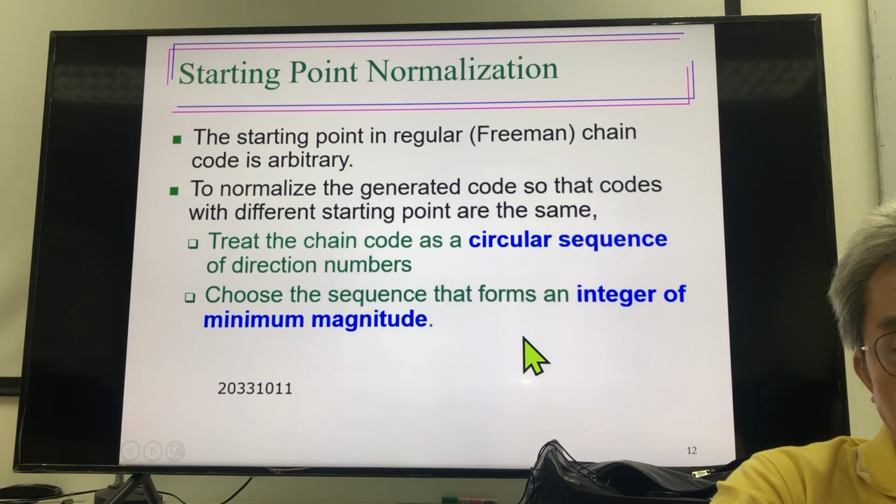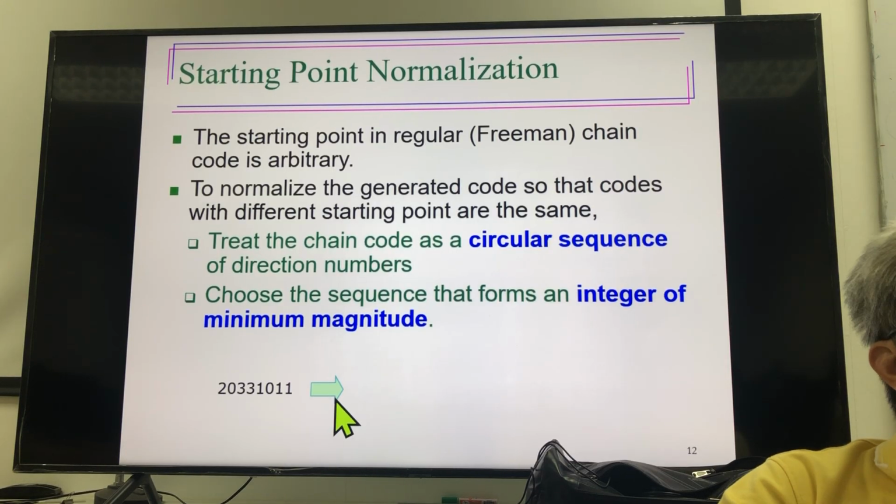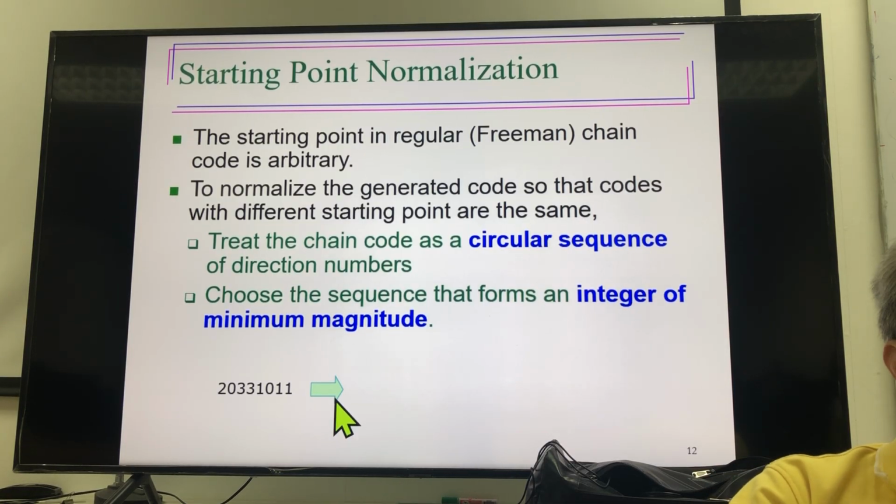What does it mean? This is what it means. Suppose we got a chain code like this: 2, 0, 3, 3, 1, 0, 1, 1. You can treat it as a circular sequence. So instead of just starting from 2 and ending at 1, you think of it as a circle like this.